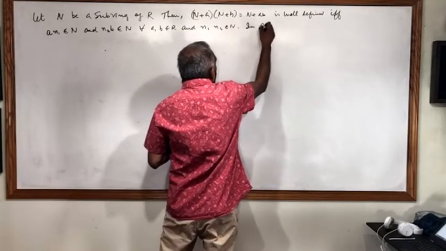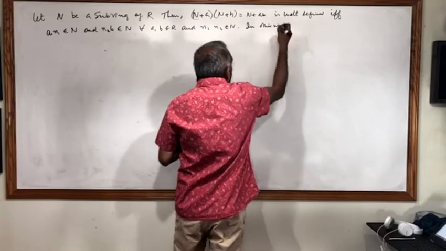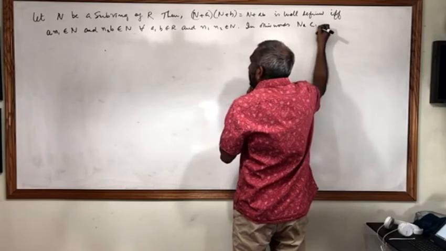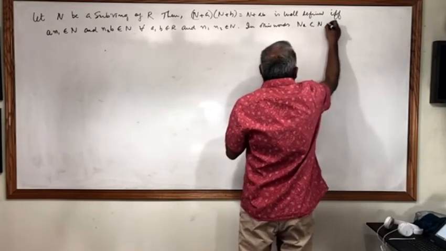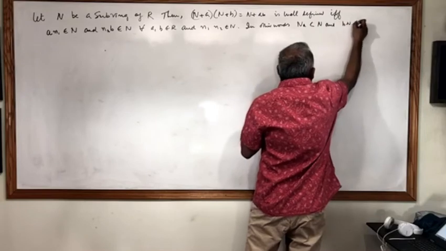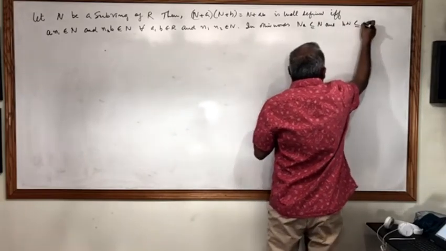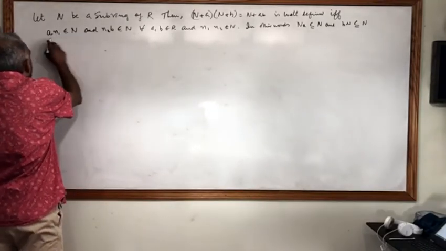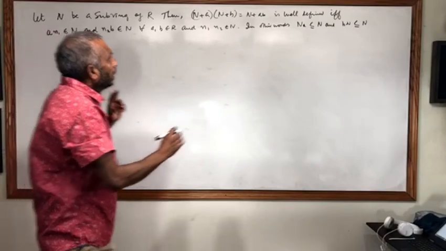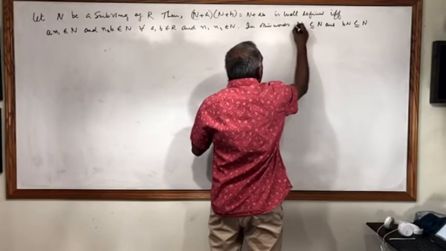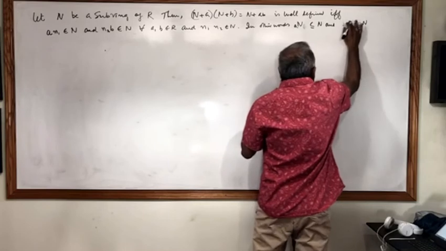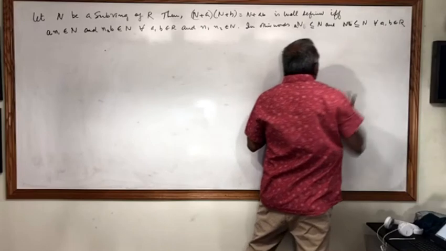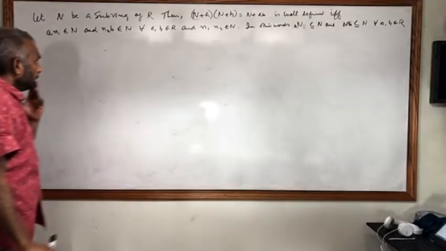In other words, AN is contained in N and NB is contained in N for all A, B in R. Okay?